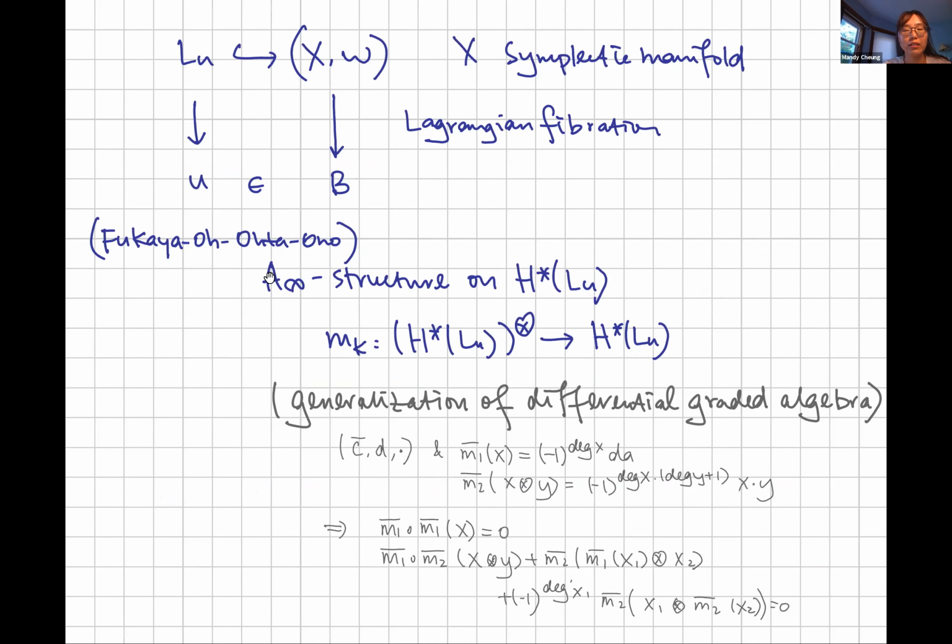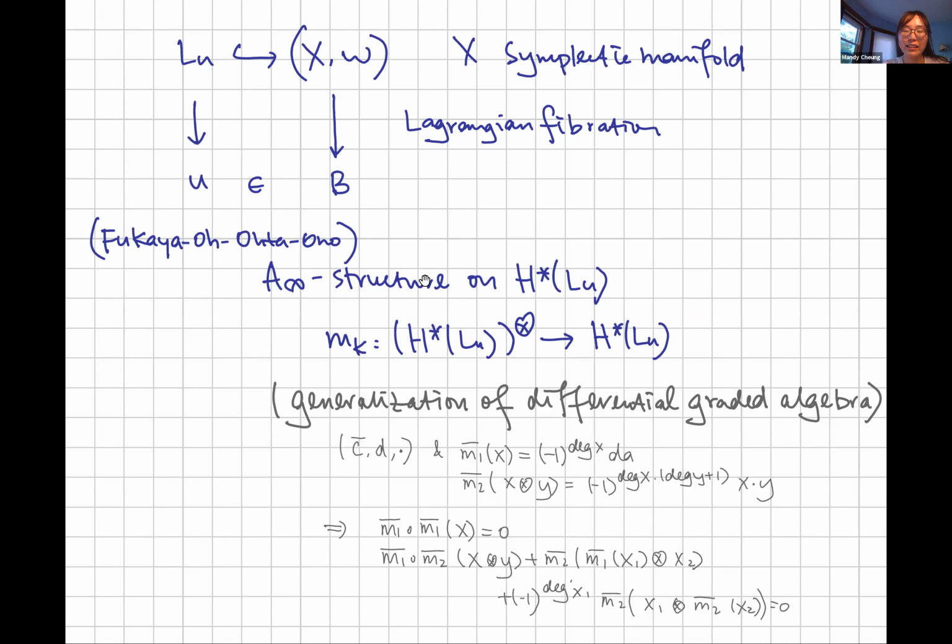And what Fukaya-Oh-Ohta-Ono show is there exists an A infinity structure on the cohomology of those fibers, which is described like that. If people know about it, they know about it, but from my point of view, I don't know too much about it. So I just quickly write about the motivation of how I can see it.